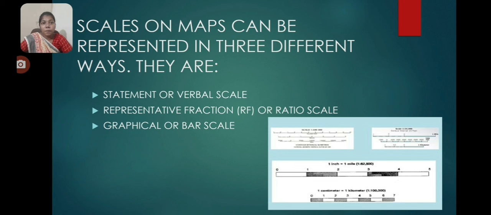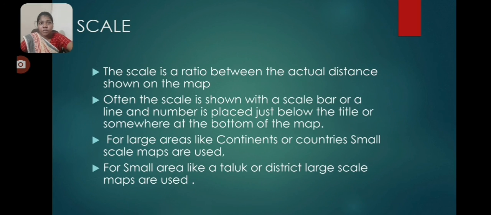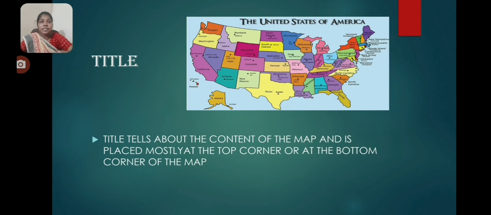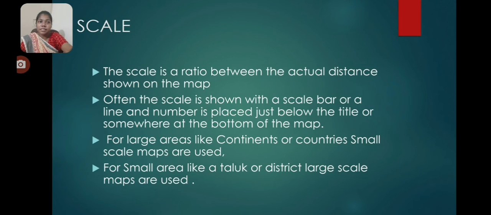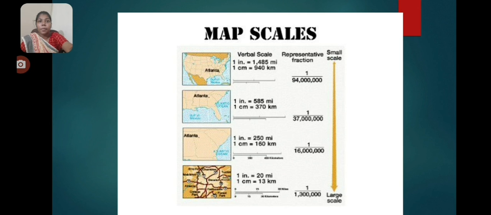Then we spoke about the map scales, and last but not the least we spoke about title. So this is how it works. So these are the 7 basic components of a map. Hope you all understood.